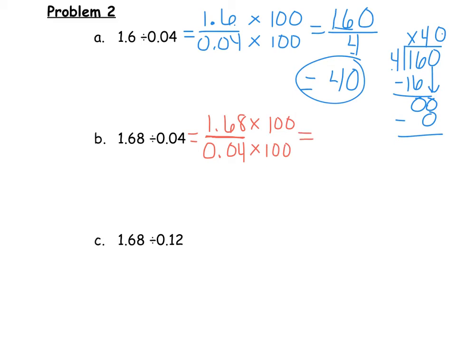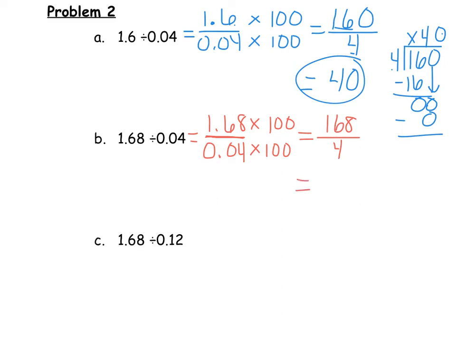So it tells me my 8 is moving 2 place values to the left to make it larger. So it's moving to the tenths, and then it's moving to the ones. So the 8 is in the ones, so the 6 must be in the tens, and the 1 must be in the hundreds. Divided by, all right, that 4 is in the hundredths. It's multiplying by 100, so I'm moving it 2 place values larger. So that 4 in the hundredths is moving to the tenths, but also to the ones. So it's 4 ones. So 168 divided by 4.